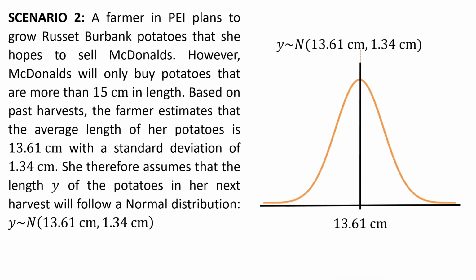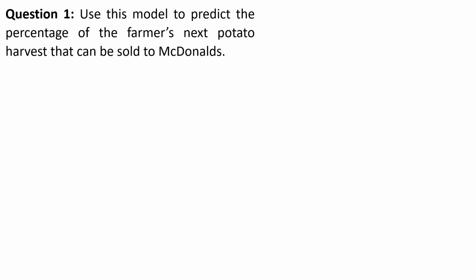It's a distribution centered at 13.61, and we're looking for potatoes that are more than 15 centimeters in length. So what proportion is that? Just like before, we need to standardize. The standardization is always the same.